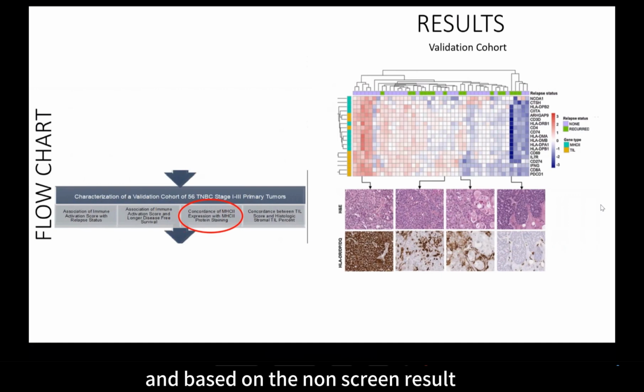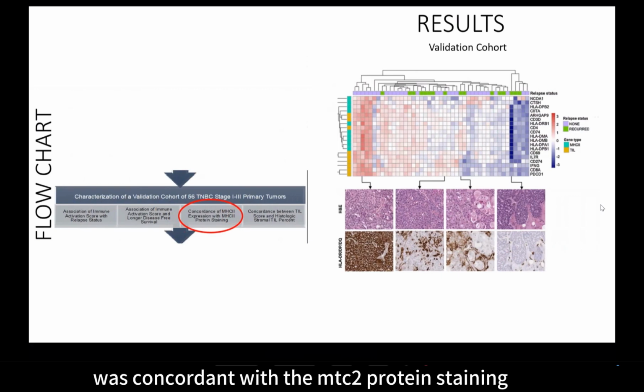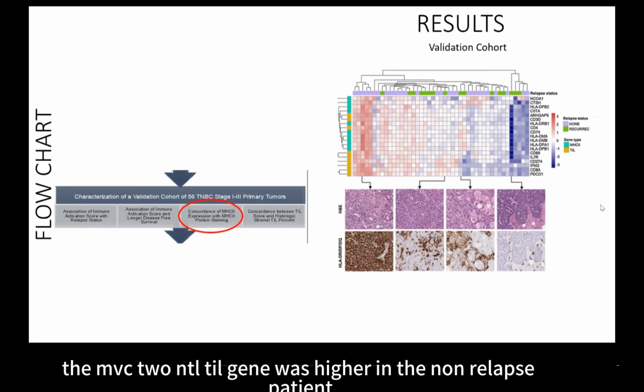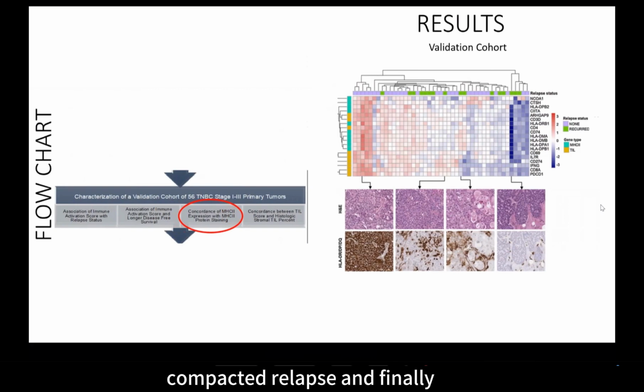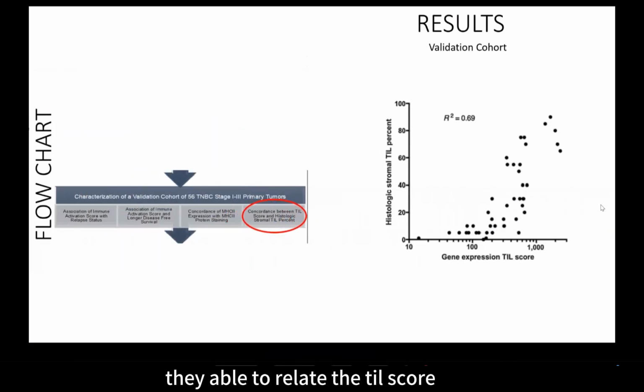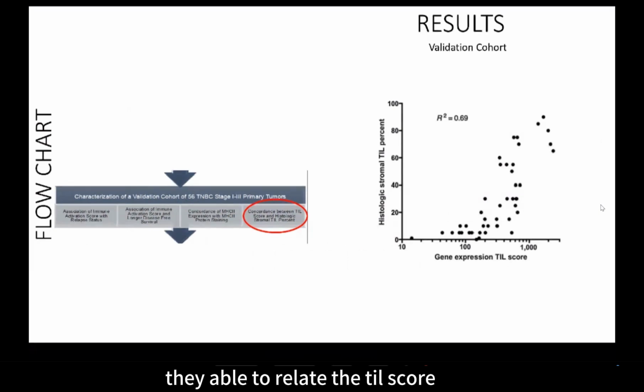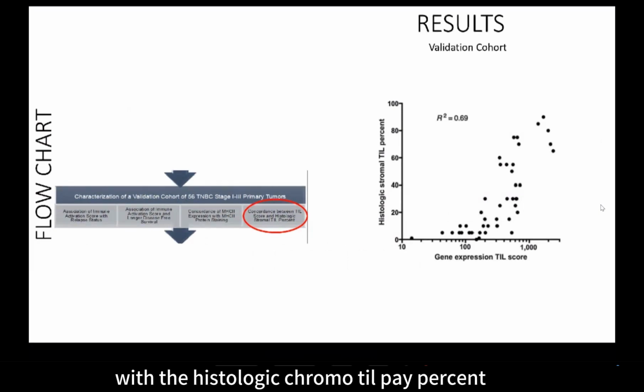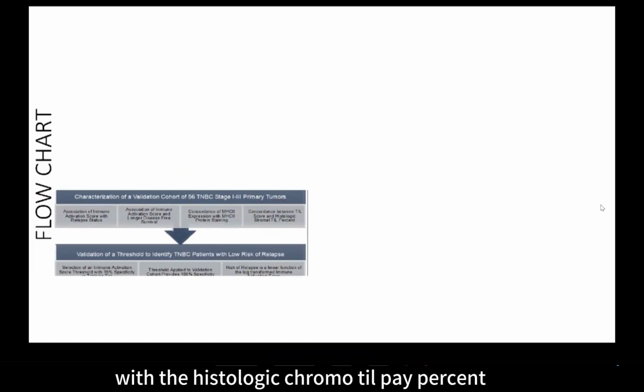Based on the NanoString result, the MHC2 expression was concordant with the MHC2 protein staining. When we see here, the MHC2 and TIL genes were higher in the non-relapse patients compared to the relapse. And finally, they were able to relate the TIL score with the histologic stromal TIL percent.